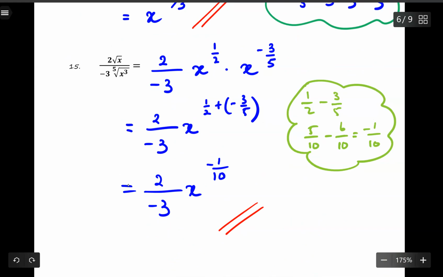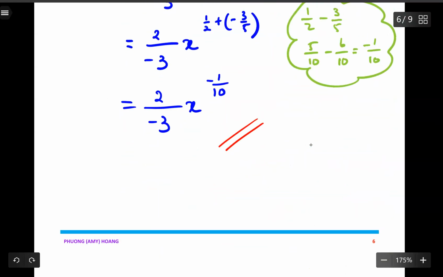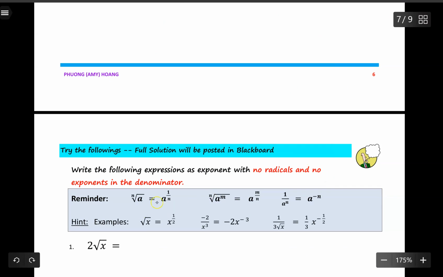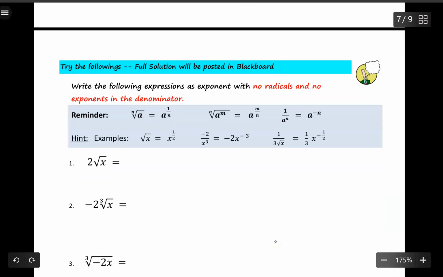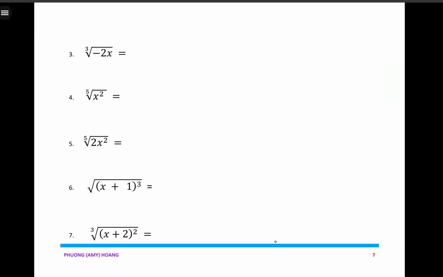Alright, okay, so does everyone kind of understand the purpose of this question? It is a lot of practice for us to recognize when to convert to a negative exponent, and what we have to do to simplify them, using the concept of operations of exponents. And I do have quite a few questions for everyone to work on, and please make sure that you spend some time to work on this exercise.